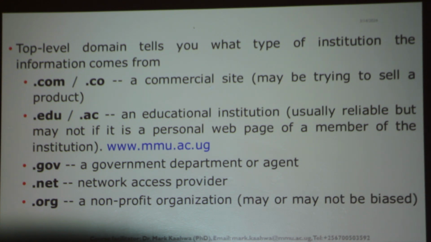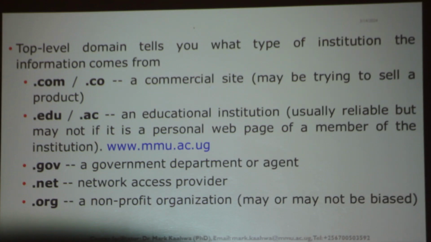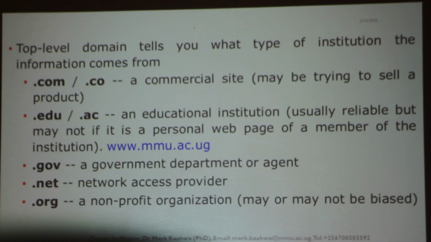If it is .edu or .ac, then you will know that is an education institution, and usually it is reliable, but you have to be careful about a personal web page of just a member of the institution. If, for example, it is www.mmu.ac.ug, then you know it is coming from an institution and therefore it can be trusted. .gov could be a government or an agency. That one also can be trusted.